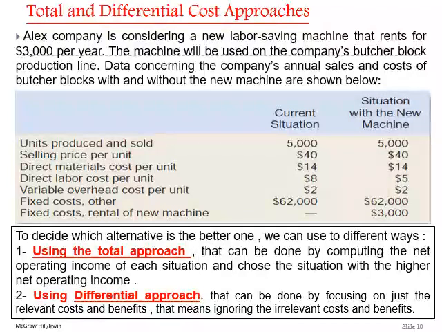To decide which alternative is the better one, we can use two different ways. We can use the total approach, which can be done by computing the net operating income for each situation and choosing the situation with the higher net operating income. يبقى في الحالة دي أنا بحسب net operating income for the current situation and net operating income for the proposed situation, and then we choose the higher one.